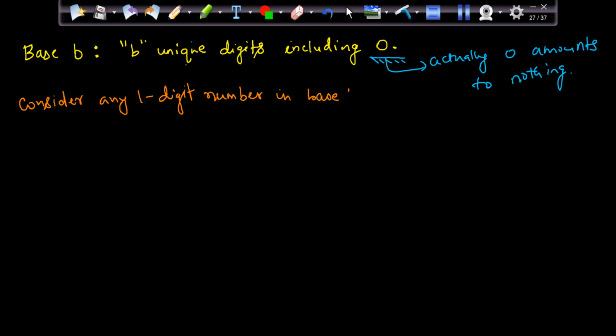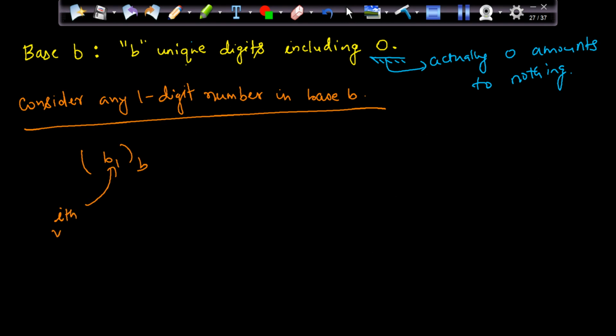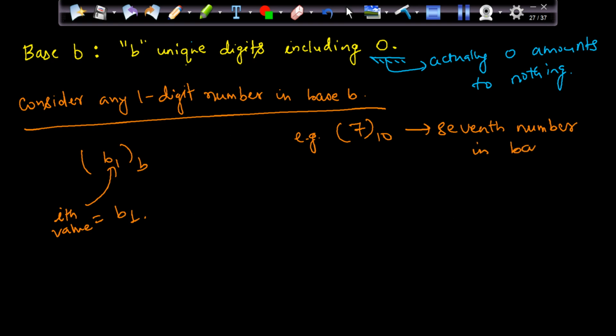Consider any one-digit number in base B. If it is b1, the ith value of this is equal to b1. For example, if you take 7 in base 10, you will say that this is the seventh number in base 10. Why? Because in reality, including 0, this has to be the 8th number, but 0 amounts to nothing.